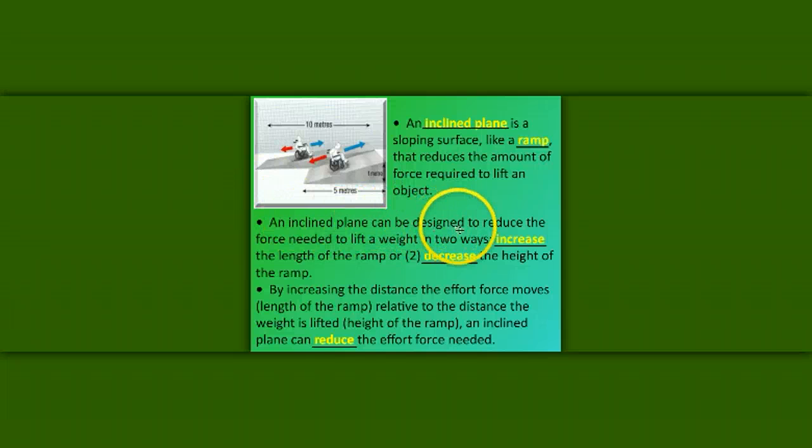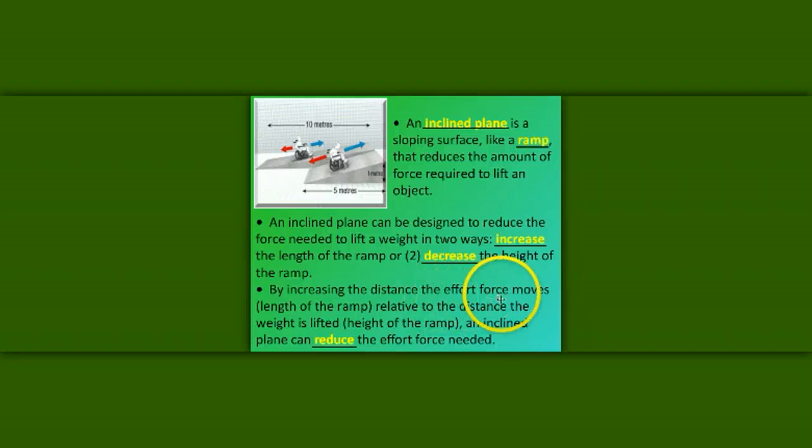An inclined plane can be designed to reduce the force to lift a weight in two ways. Either 1, increase the length of the ramp, or 2, decrease the height of the ramp. So we can either make it less high, or we can stretch it and make it longer.